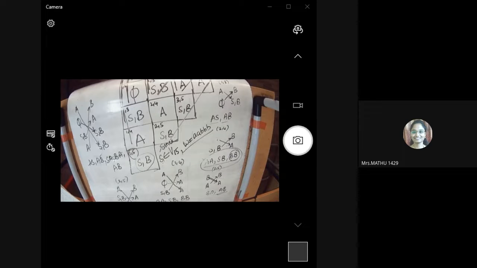And then we have studied the context-free grammar and context-free language. If a grammar is given and you are asked to match it with the languages, then you should know how to do that. When a grammar is given, you will be able to derive the strings or sentences out of that grammar.